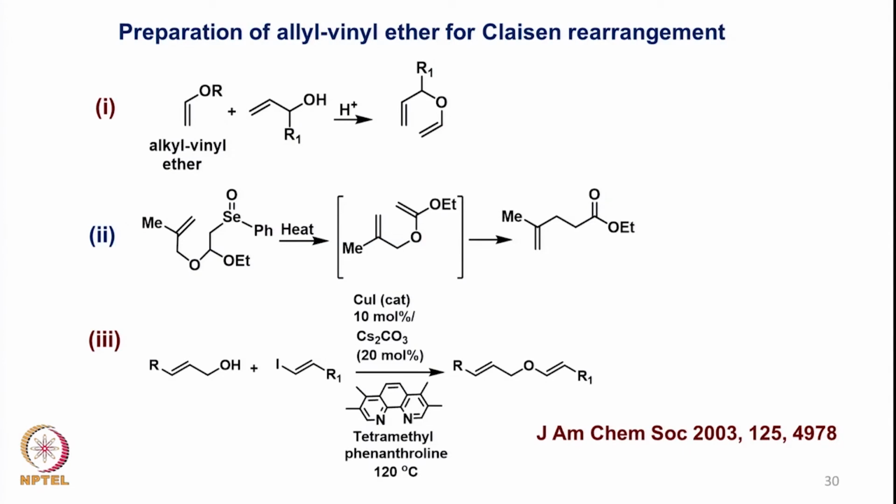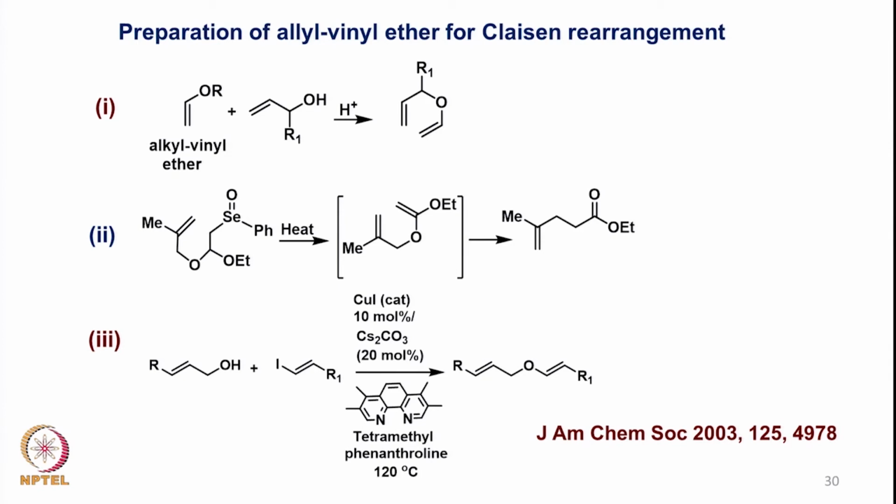Now we look at how these allyl-vinyl ethers for Claisen rearrangements are actually made. There are some different methods by which these allyl-vinyl ethers are made. For example, of course we are talking about allyl-vinyl ethers for the Claisen rearrangement, not just the Johnson-Claisen rearrangement.